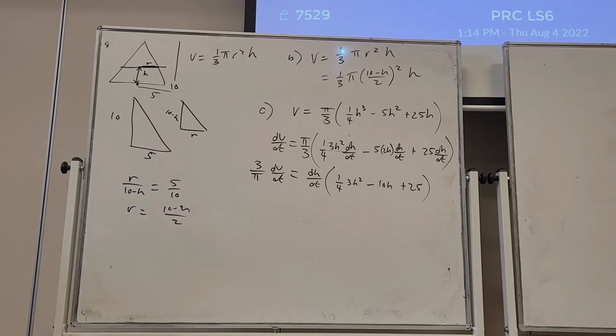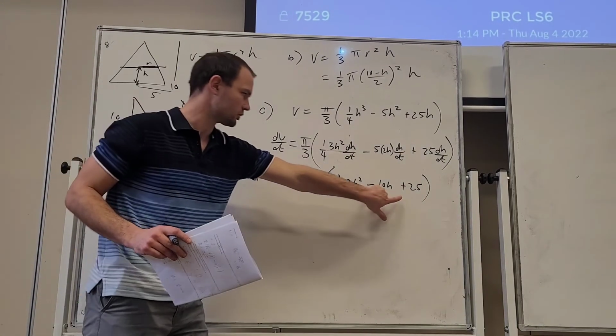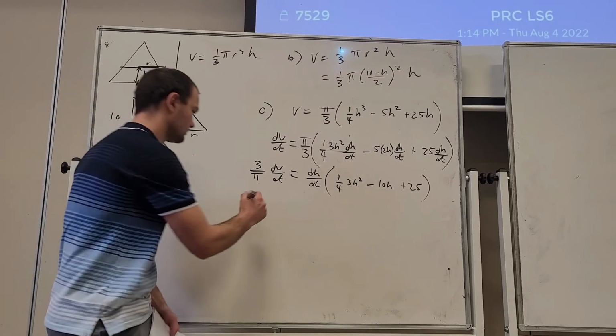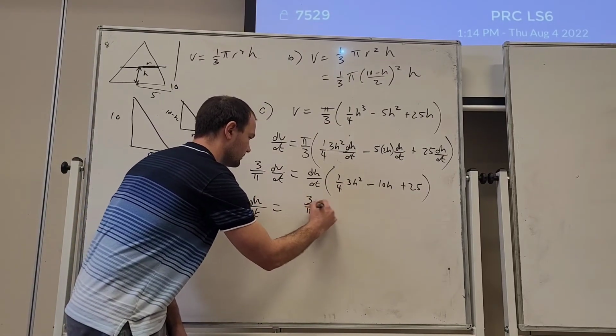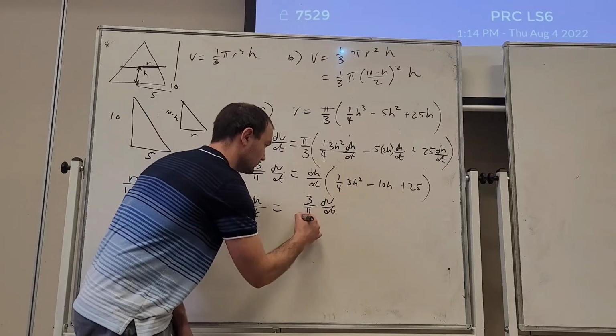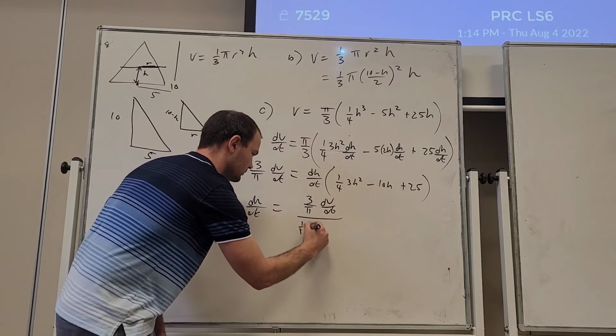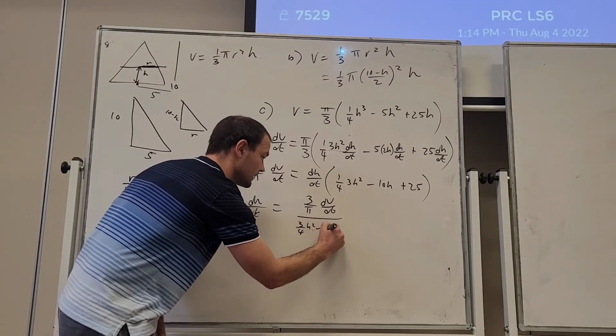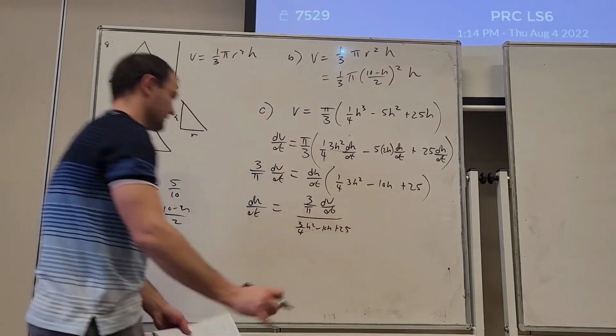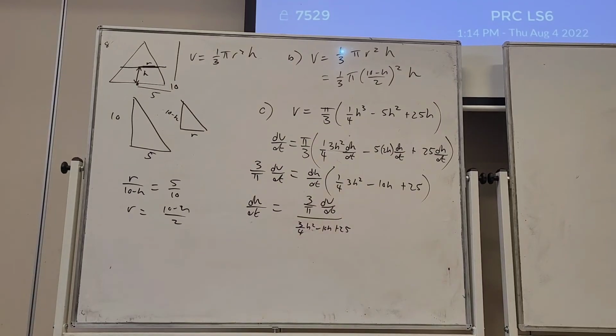And then to isolate dH on dt, we're just going to shove this over here. That's 3 on 4, 3 on 4h squared, take 10h plus 25. So we've isolated dH on dt.